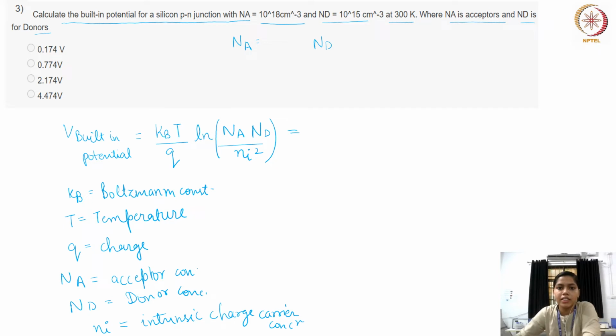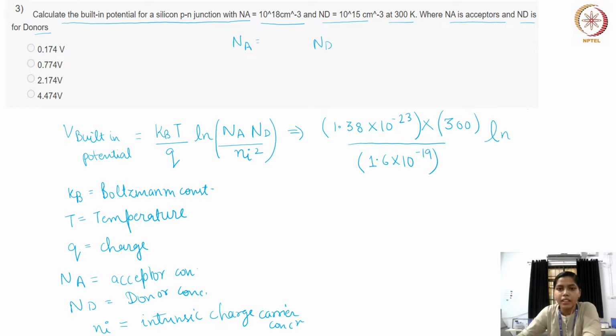Now let's see, the value of Kb is 1.38 into 10 raised to the power minus 23 joule per Kelvin. We will multiply it by temperature, which is 300 Kelvin, divided by Q, the charge on the electron, which is 1.6 into 10 raised to the power minus 19.